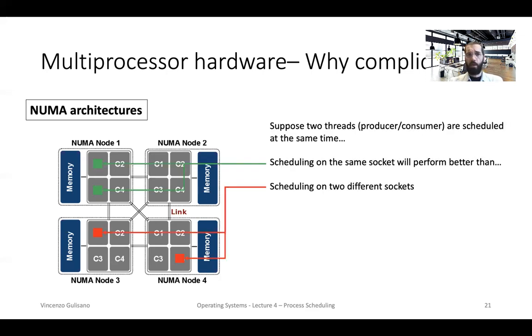And this is another challenge. If you want to schedule 2 threads, and you know that they have a behavior resembling that of a producer and a consumer, then it might be more beneficial to place these 2 on cores that belong to the same socket, because then the number of memories they need to go through to communicate is smaller, and they can use their own memory, like in the green case rather than the red one.